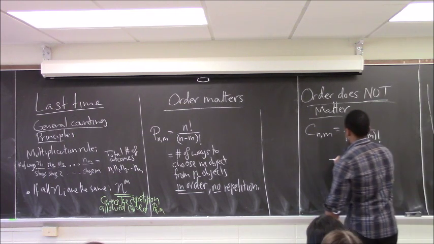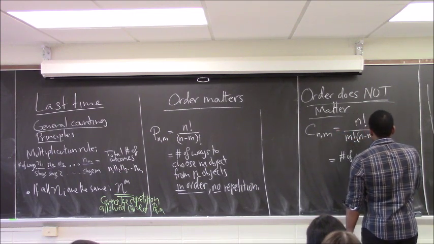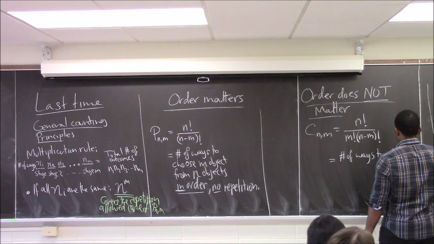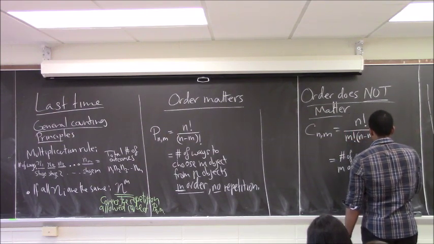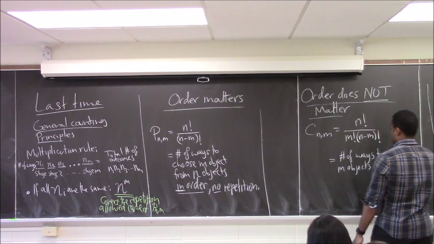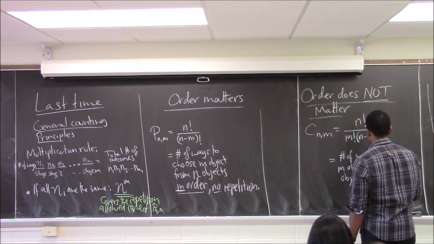And this was the number of ways to choose m objects from n objects, ignoring order.